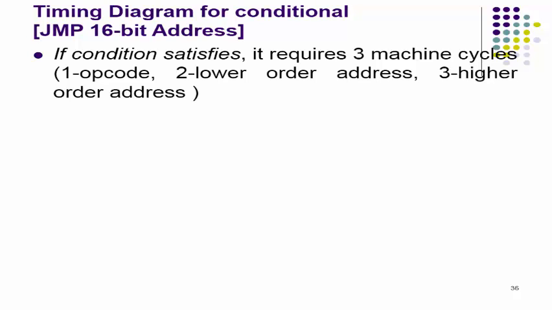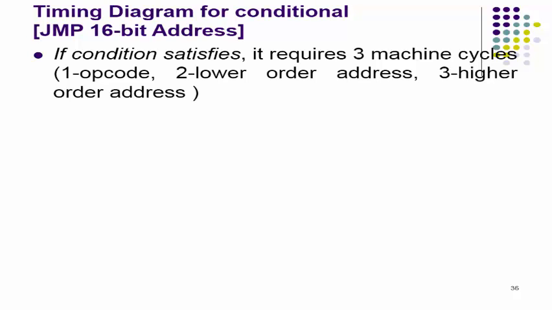In case of a conditional branching instruction, if the condition is satisfied, say for the instruction JZ 16-bit address, JZ means jump if zero flag set, so the processor is going to check the zero flag bit. If it detects zero flag equal to 1, the condition is true.